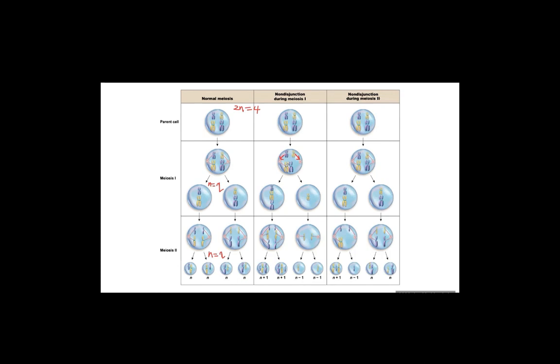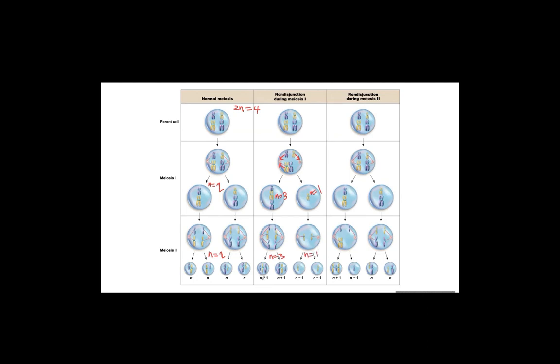They move to the same pole. So after meiosis 1, one daughter cell has 3 chromosomes. The other daughter cell has only 1 chromosome. And then this condition continues through meiosis 2. Therefore, the daughter cells from this cell will have n equals 3, n equals 1.